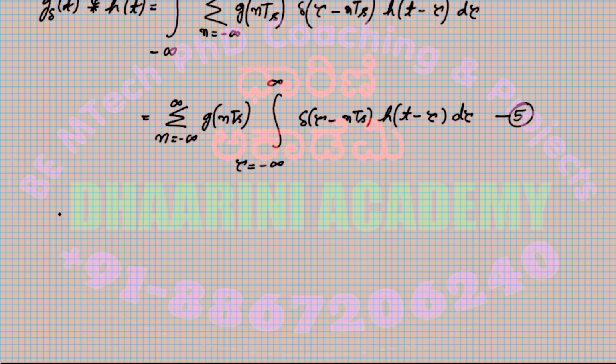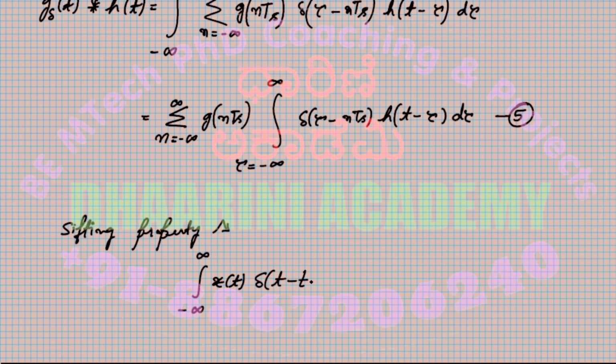We have what is called the shifting property of the delta function, and that's what I am going to use now. If you have the integration from minus infinity to plus infinity of a signal x of t into delta of t minus t naught dt, you can see that there's a product, and the product exists only at t equal to t naught.